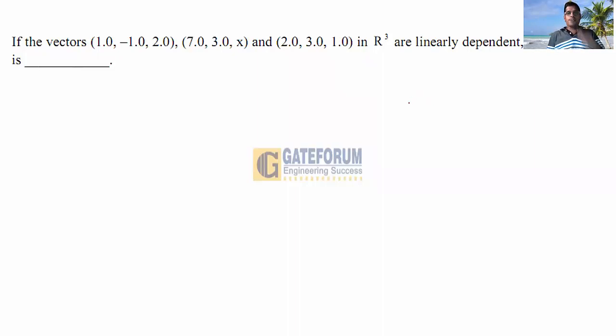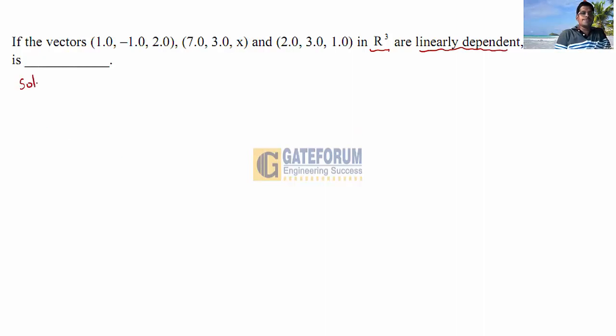This question is from engineering mathematics, from the topic linear algebra, subtopic basics, that is independent and dependent vectors. So here three-dimensional row vectors, each containing 3 components or 3 elements, that is why R cube. So R cube means three-dimensional vectors. Given these 3 vectors are linearly dependent.